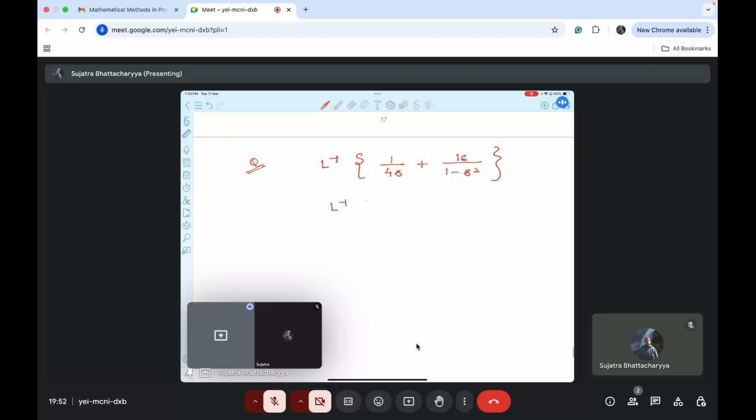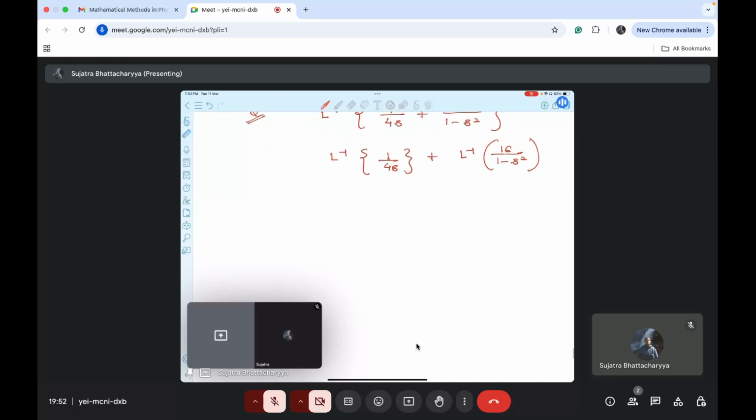L inverse of 1 upon 4s plus L inverse of 16 upon (1 minus s square). You can take 1 by 4 outside. So it will be L inverse of 1 by s plus L inverse of 1 upon (1 minus s square). Look at this.